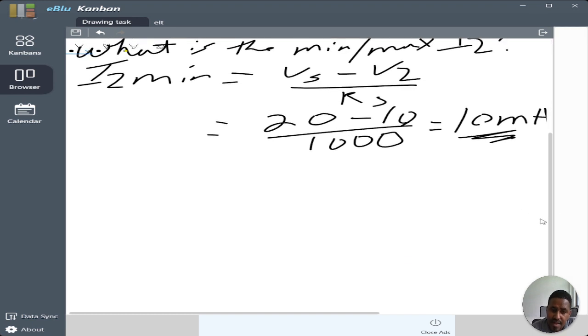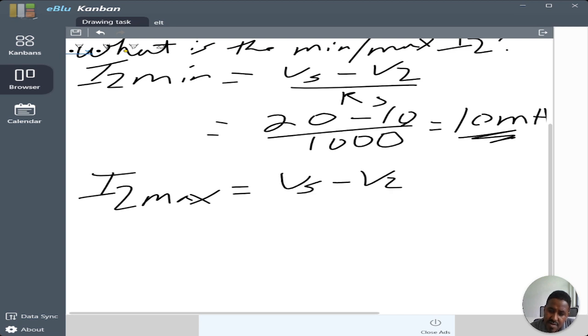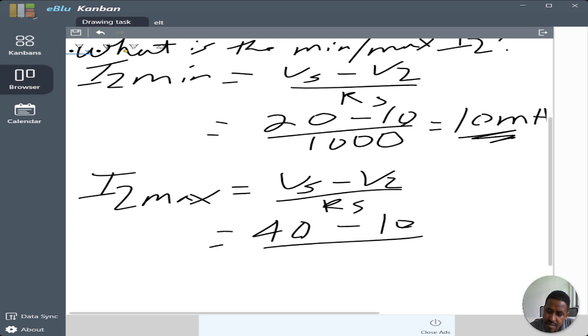What about Iz maximum? Iz maximum is V source maximum minus Vz over Rs. The same as above, V source maximum is 40 volt, Vz is 10, Rs 1000.